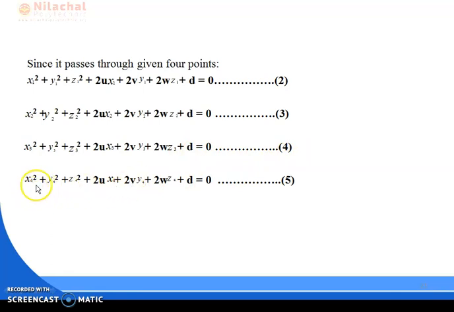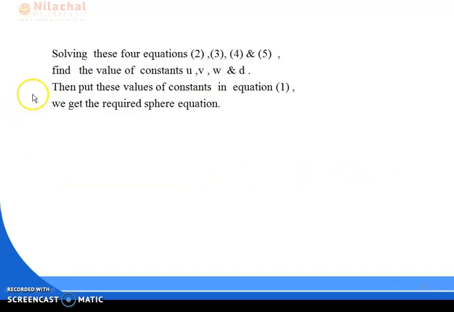In this way, similarly, the last point we should put in equation number 1. Last point: x4 whole square plus y4 whole square plus z4 whole square plus 2ux4 plus 2vy4 plus 2wz4 plus t equals 0. Let it be equation number 5. Then we solve these 4 equations: equation number 2, 3, 4 and 5, by various methods: the elimination method, the substitution method and the cross multiplication method.